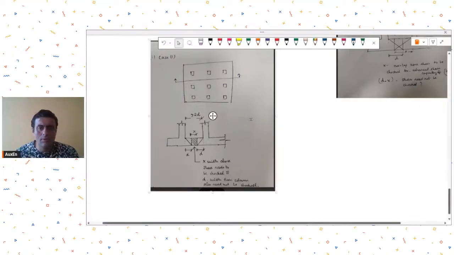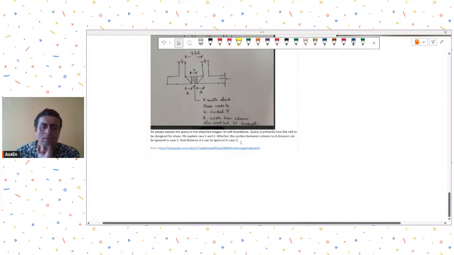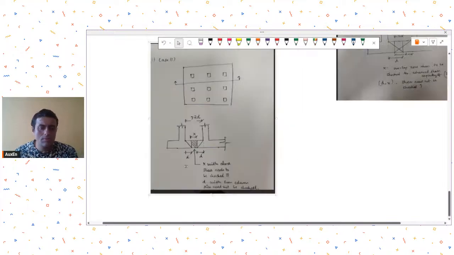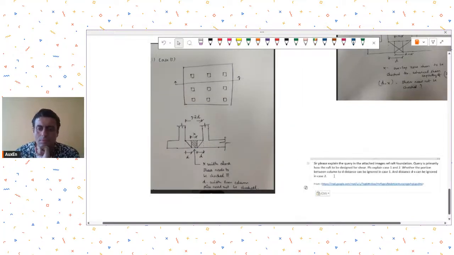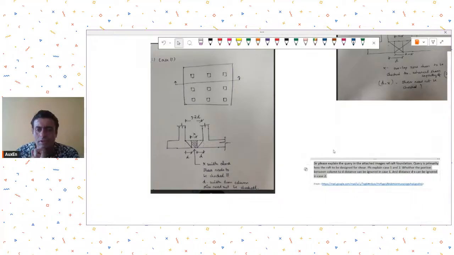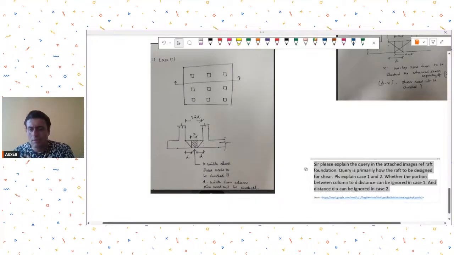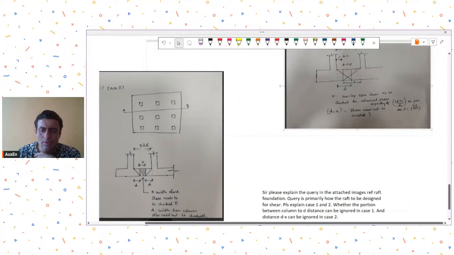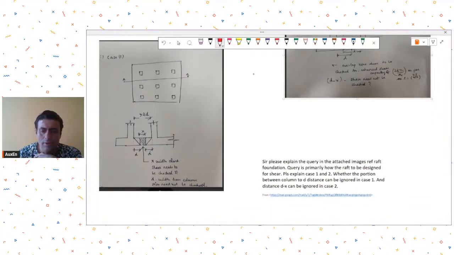Okay, he has put the query in his email. Please explain the query in the attached images. Reference raft foundation. Query is primarily how the raft is to be designed for shear.